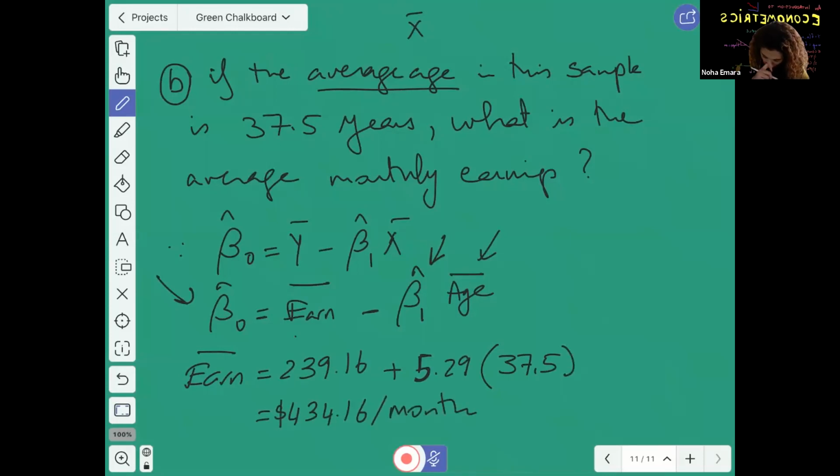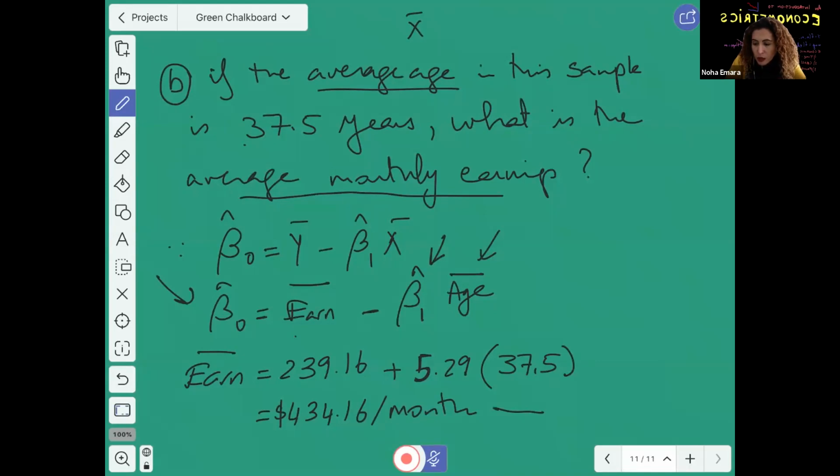So the answer is that the average monthly earning is $434.16 per month if the average age is 37.5.